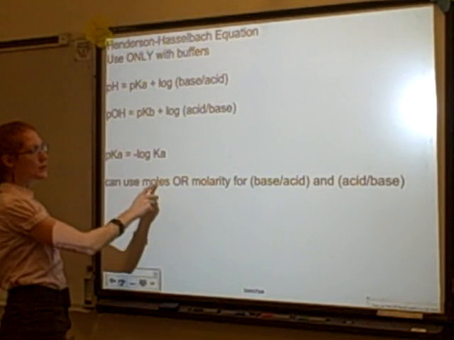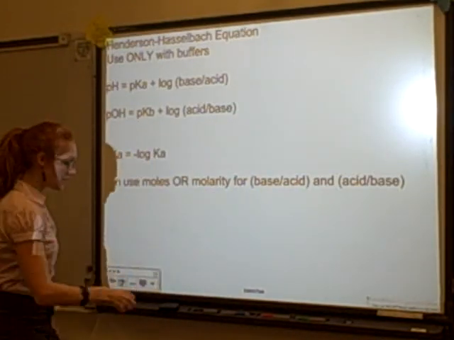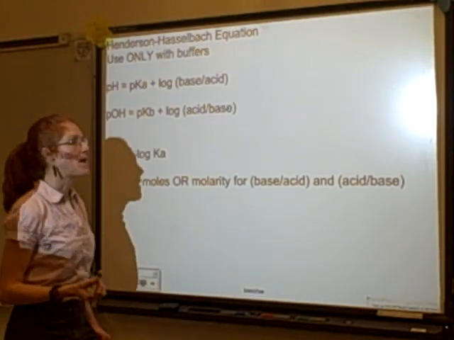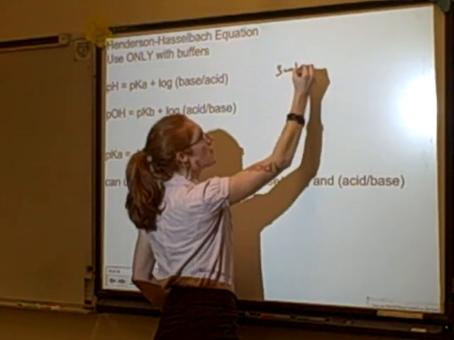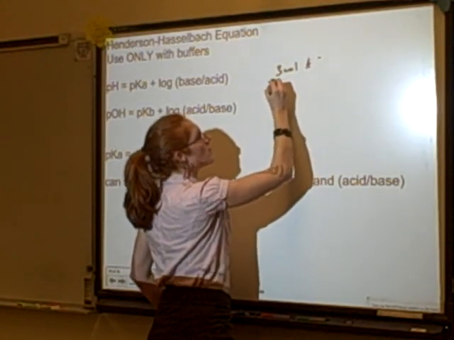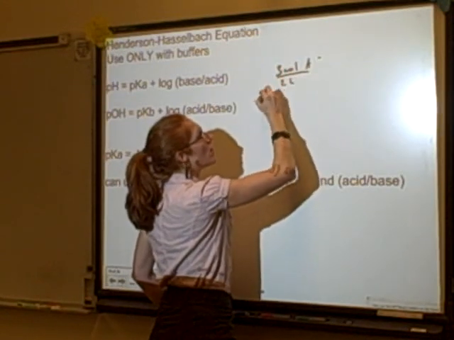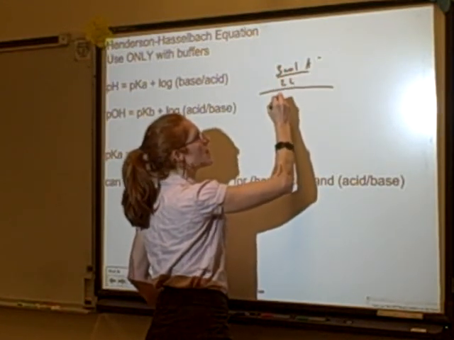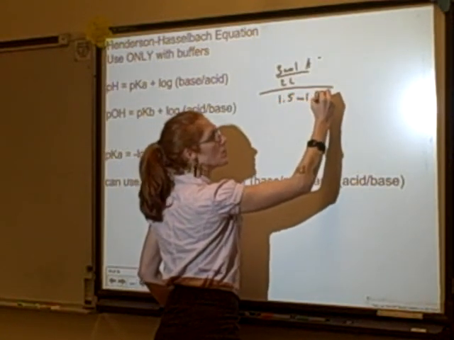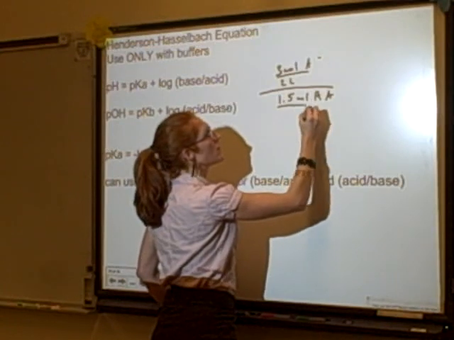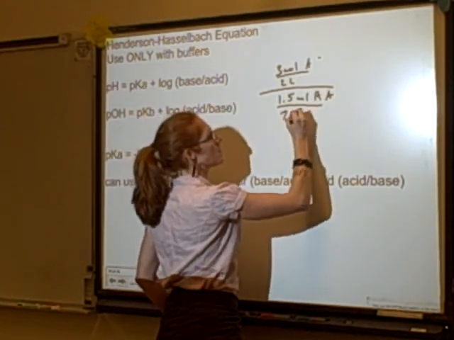You can use moles or molarity for that weak base over weak conjugate acid. And the reason is, let's say we had 3 moles of our weak base divided by 2 liters, all over 1.5 moles of the conjugate weak acid divided by 2 liters.